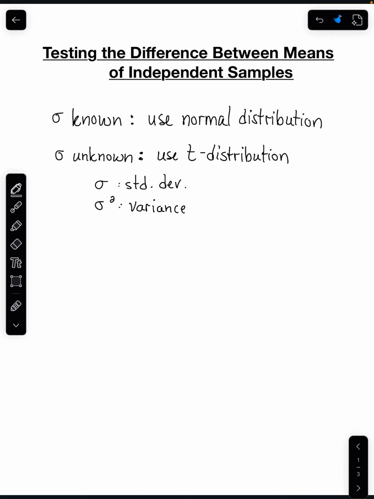So these problems will tend to have two styles to them. One of them will say that the populations are assumed to have the same variance, and one says the populations are assumed to have different variances. For the purposes of our class, we are going to always use the assumption that they have different variances.